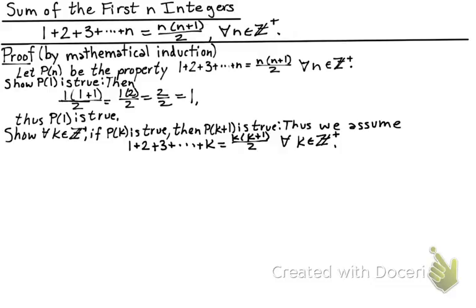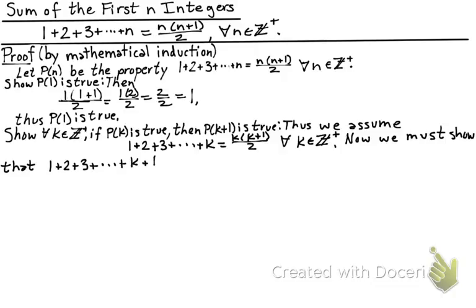Now we must show that 1 plus 2 plus 3, we need to show that the next value, k plus 1, is true, using only the fact that our first value is true and that this is true for k.